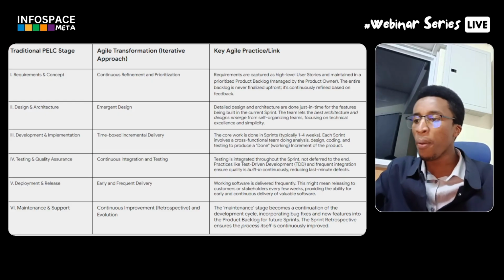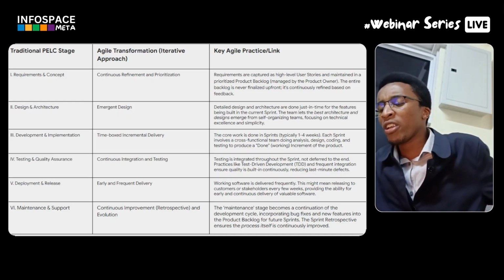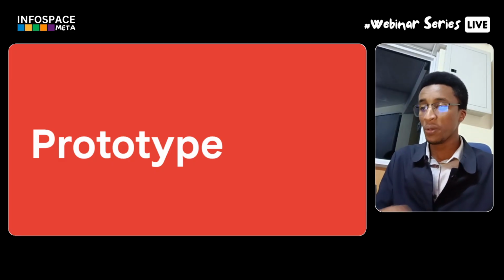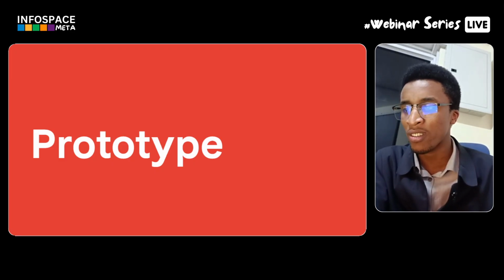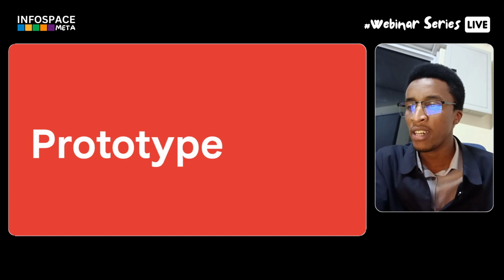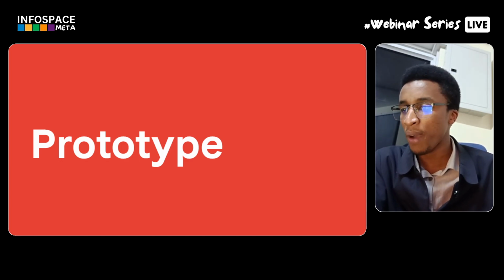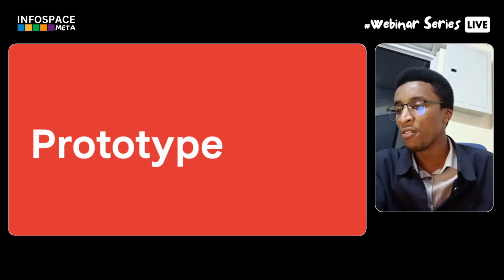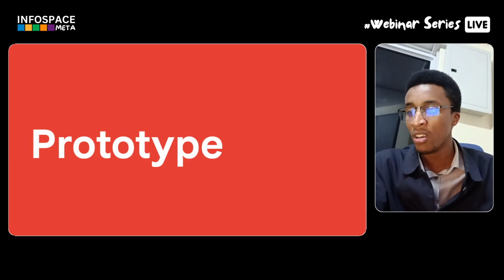And then prototype. I mentioned this earlier at the second stage, design and prototype. So prototyping is not just a single step that I had earlier mentioned. It's iterative and spans the most critical phases of the product engineering cycle. It ensures that the final software is valuable, usable, and feasible.